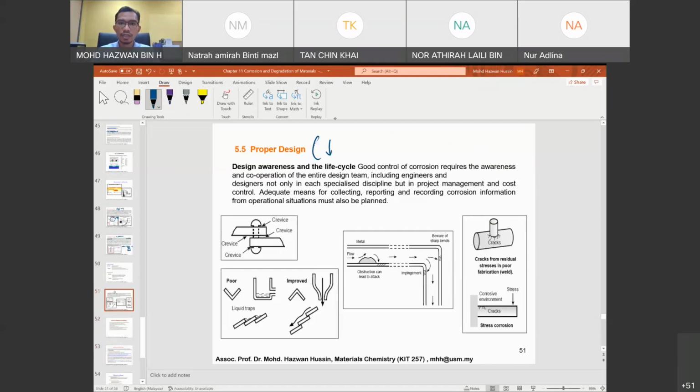Reduce the mechanical effect, then it will reduce the corrosion process as well. So you can see from here, don't design a material that has a water trap like this. If you have a design that doesn't produce any water trap, then it can reduce the chances for corrosion.